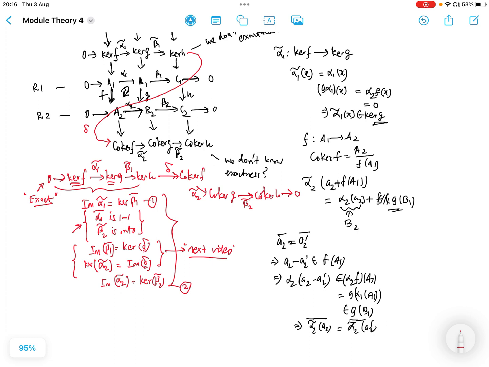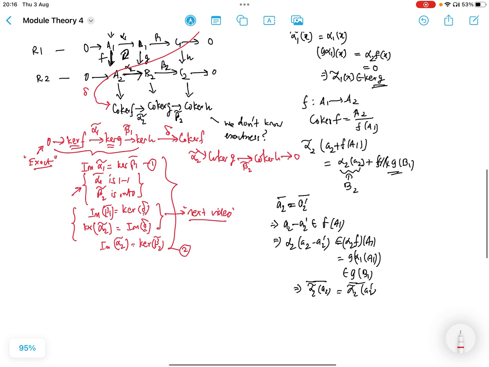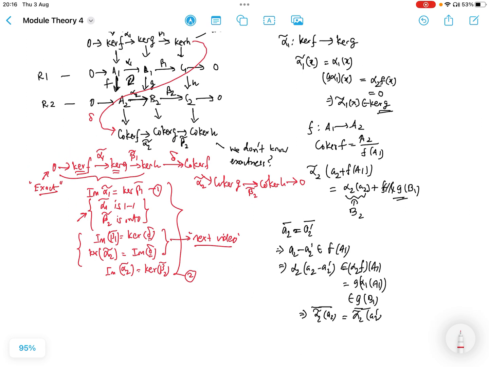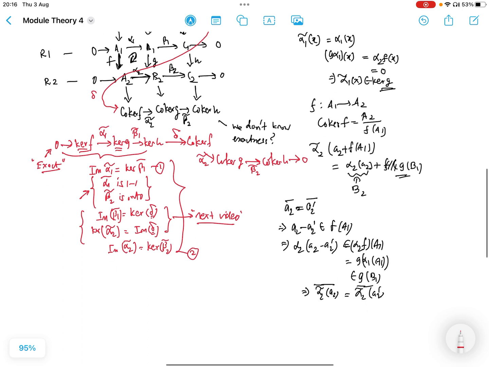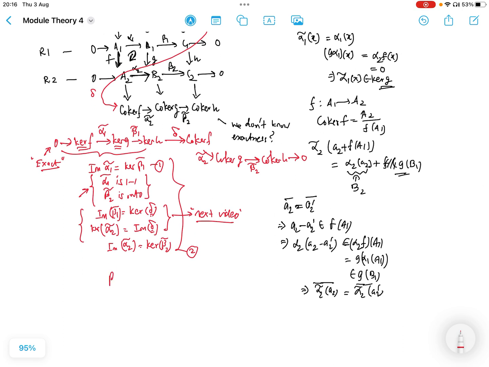Okay, so for now, let's see. Firstly observe one thing that we have already had this information that image of alpha 1 is the same as kernel of beta 1. That is from the fact that row 1 is exact. So in particular, if you apply beta 1 to any element of image alpha 1, you will get 0, right?